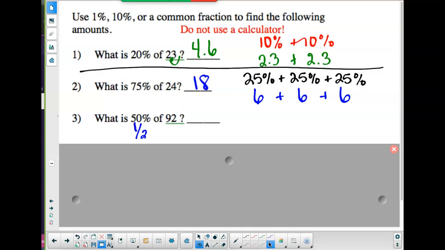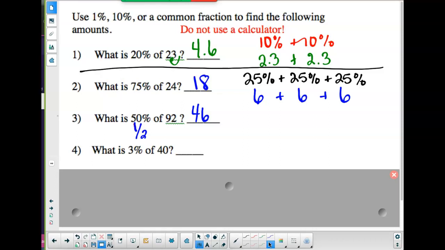Half of 90 is 45. Half of 2 is 1. So 45 plus 1 is 46. So 46 plus 46 would be 92. Right? Half of 92 is 46.